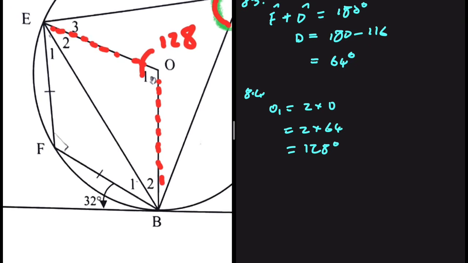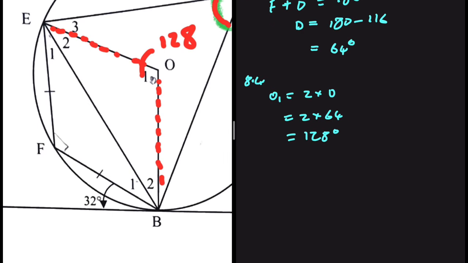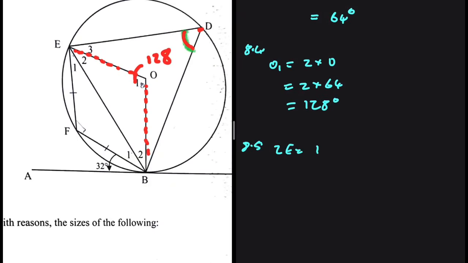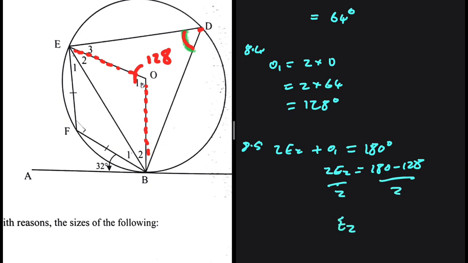So E2 is equal to B2 because angles opposite equal sides are equal. 2E2 plus O1 is equal to 180 degrees. So 2E2 will be equal to 180 minus 128. Then we divide by 2 on both sides. If we do that, then E2 is equal to 26 degrees.